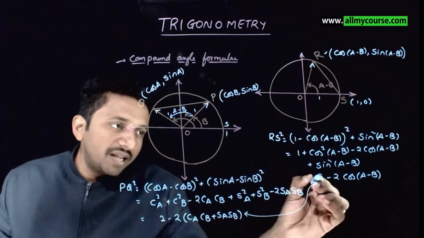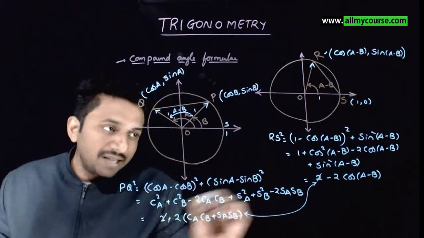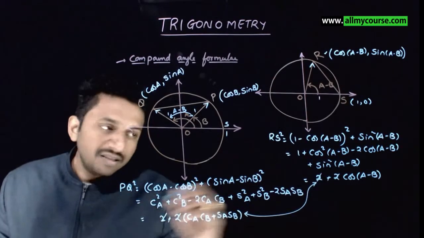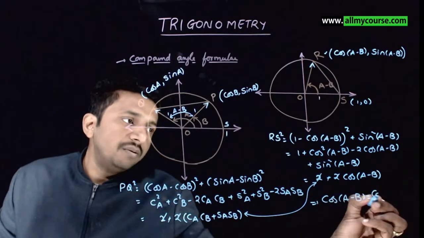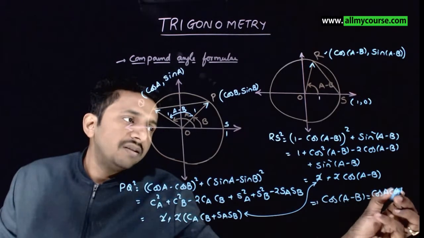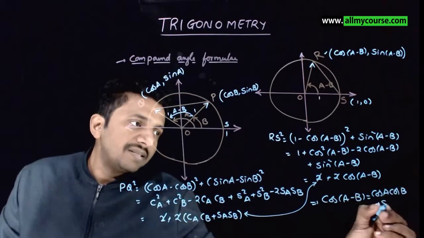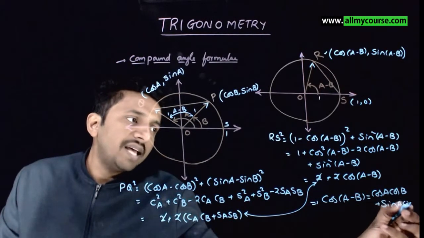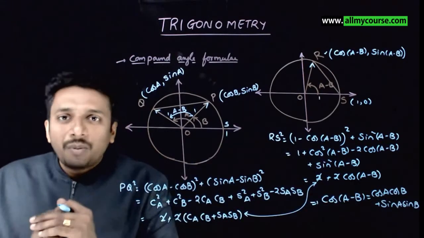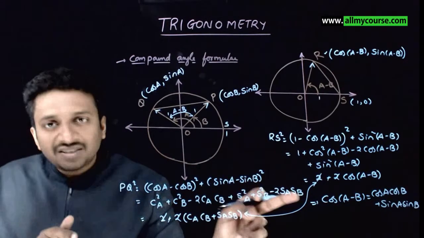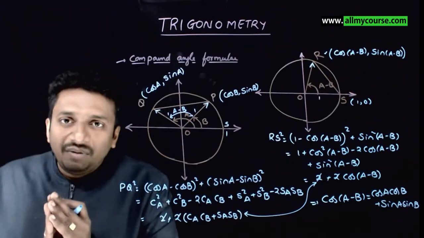So if these two are equal, the 2 and 2 get cancelled, minus and minus get cancelled, so you get cos(A minus B) is equal to cos A cos B plus sin A sin B. This is the basic compound angle derivation, and from this derivation I'll get the other derivations.